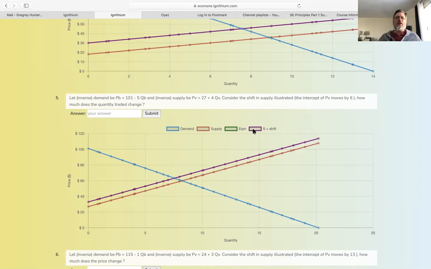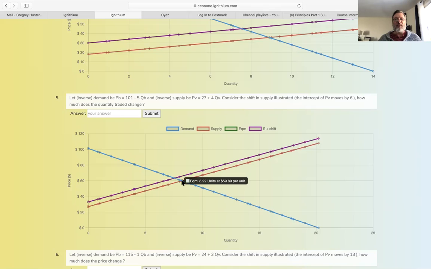Well, no, I don't think so. But let's just think about this a little bit here, right? So the question says we got supply and demand. Consider the shift in supply illustrated. So we got a reduction in supply. How much does the quantity traded change?